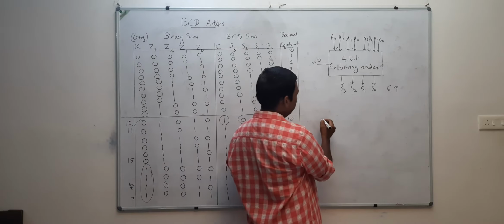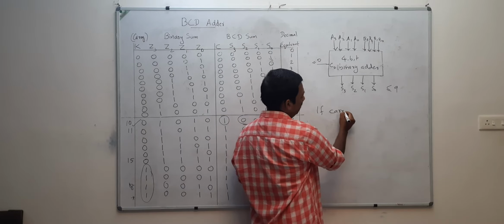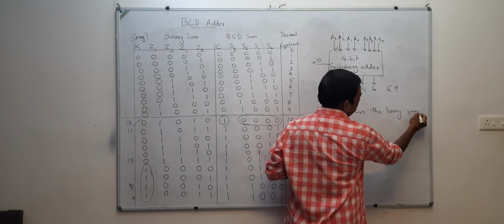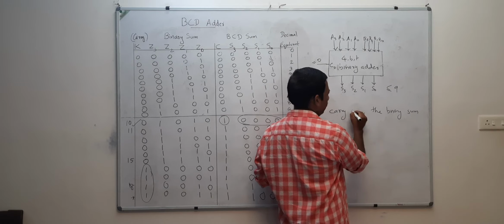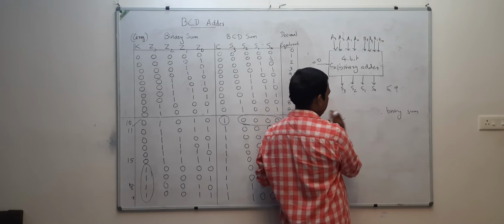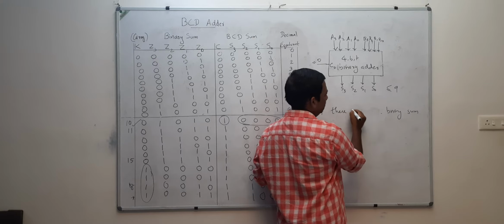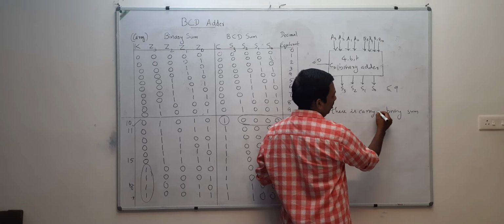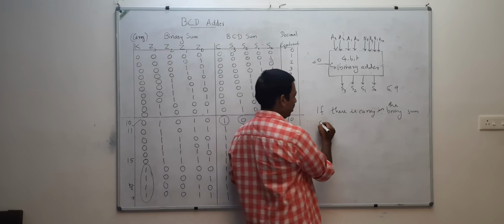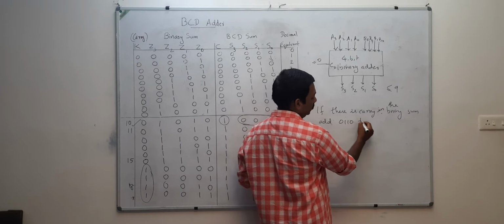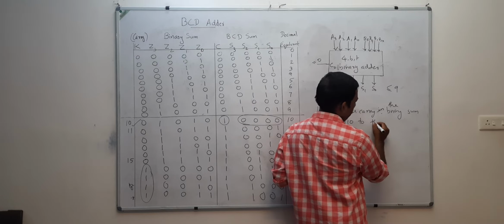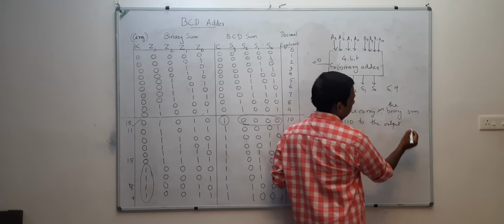That means wherever there is a carry in the binary sum, add 0, 1, 1, 0 to the output.